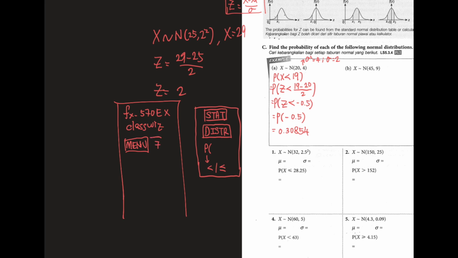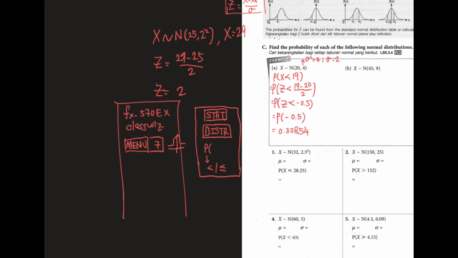Number 7 is basically the normal distribution, with the graph like this one. So you choose 7. Then we see Normal PD and Normal CD.